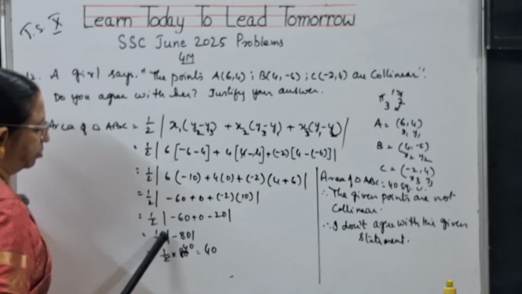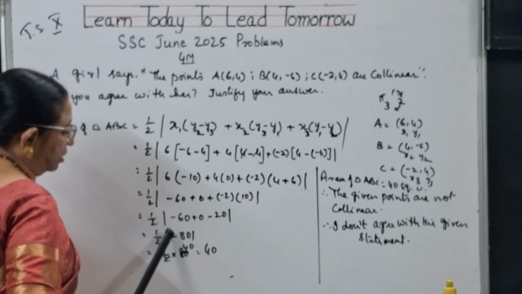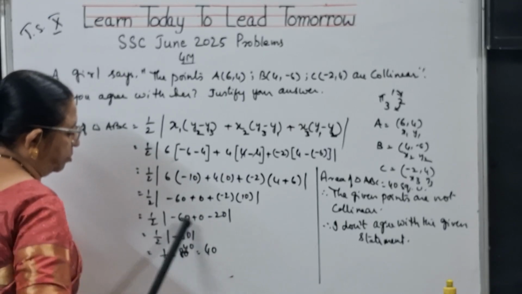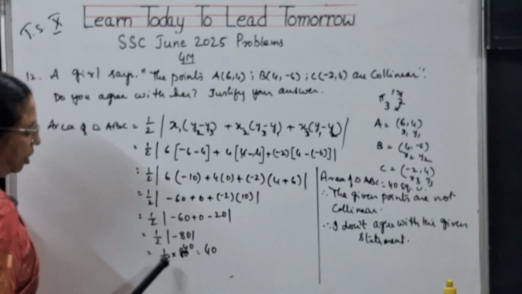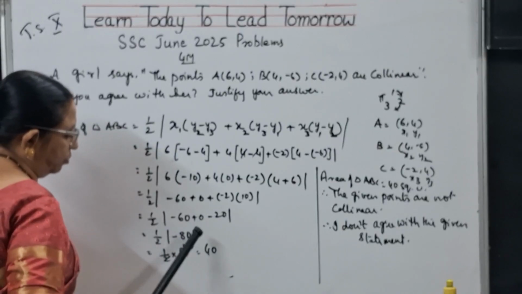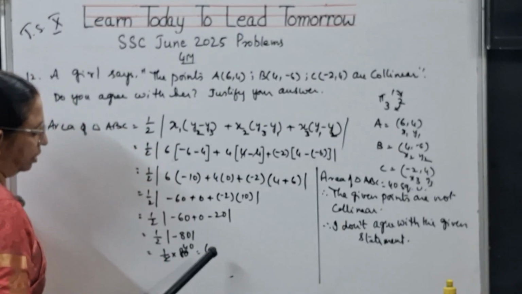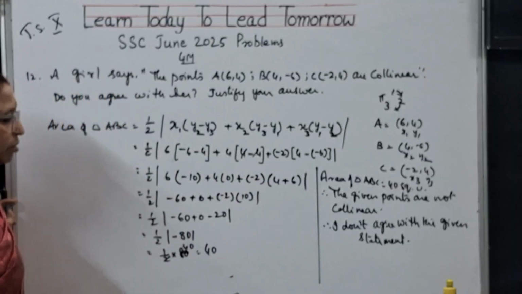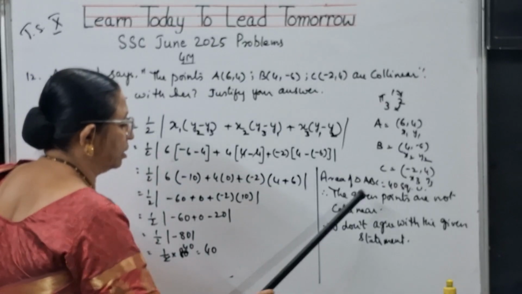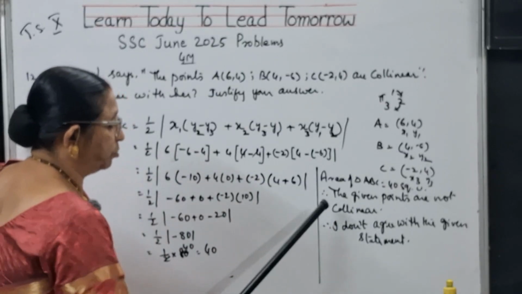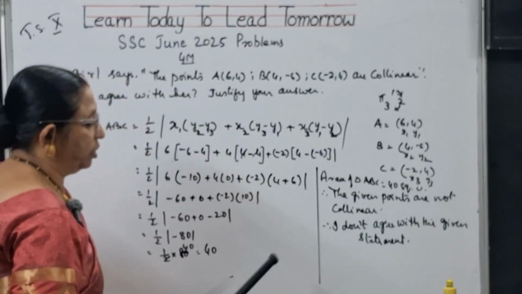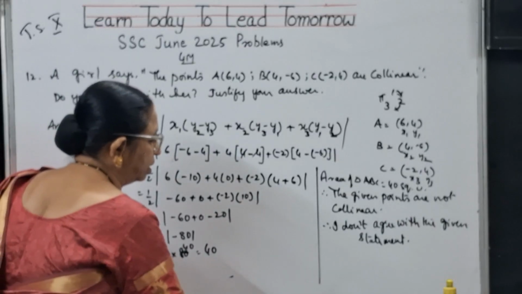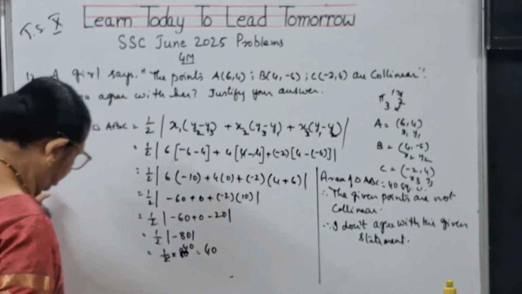That is 1 by 2 into modulus minus 80. So half into modulus, when you open you will get a positive value. 80 means 40. So area of triangle we have got 40 square units. That means the given points are not collinear. So I don't agree with the given statement.